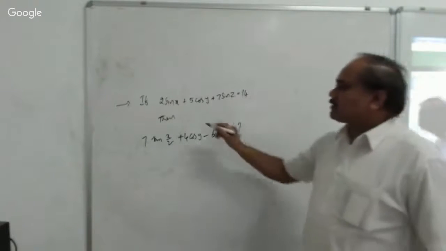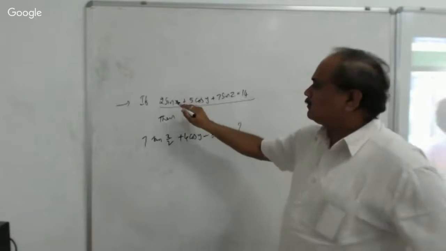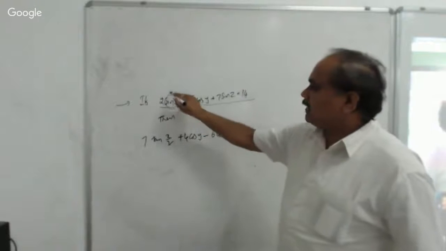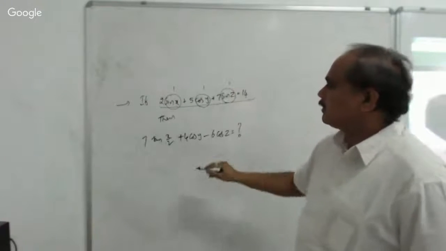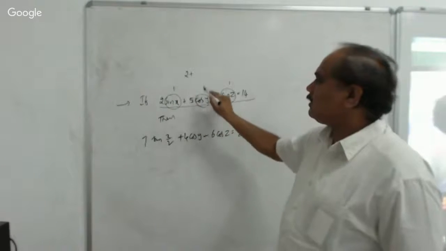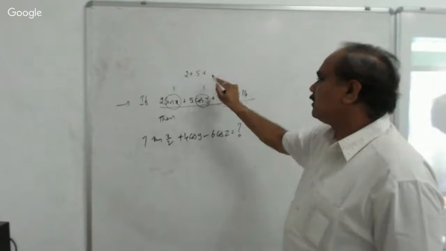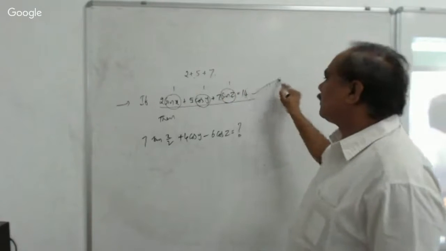Why? Because it is possible only when sin x is 1, cos y is 1, and sin z is 1. Then 2 into 1 is 2, plus 5 into 1 is 5, plus 7 into 1 is 7. 2 plus 5 plus 7 is 14.